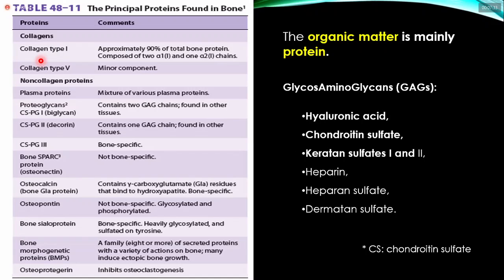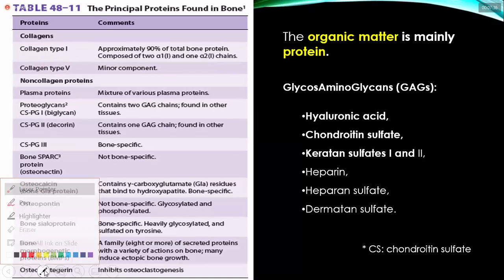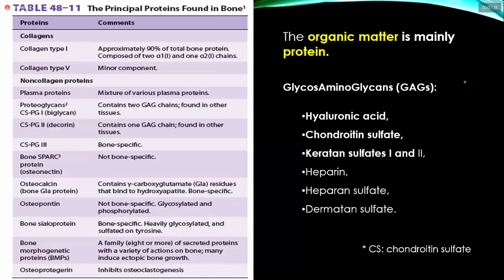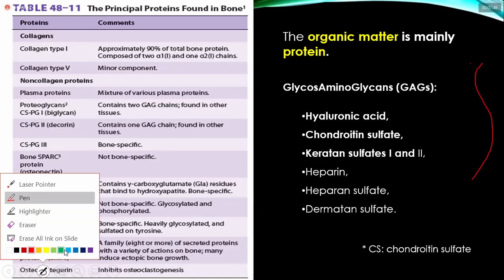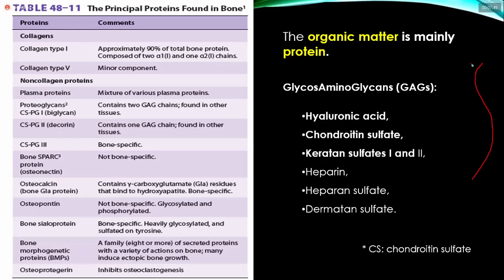If you remember when we talked about collagen, we have these alpha chains that are forming, and we changed the color in order to have clear vision.